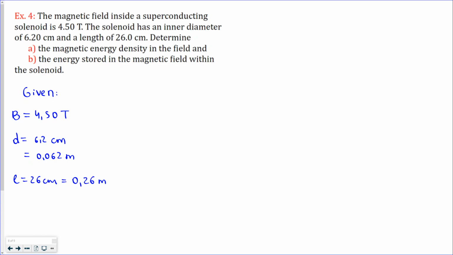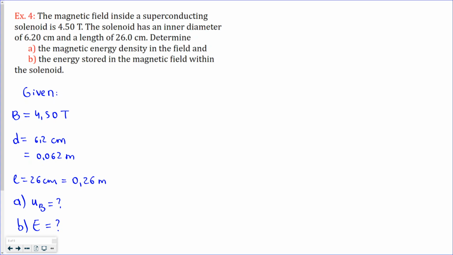And we are asked to find A, the magnetic energy density, and the energy at all stored in the magnetic field within the solenoid.